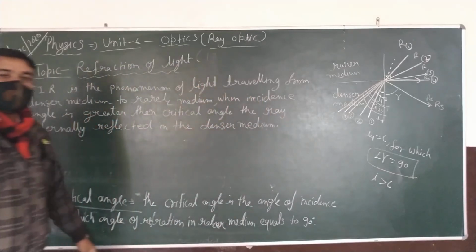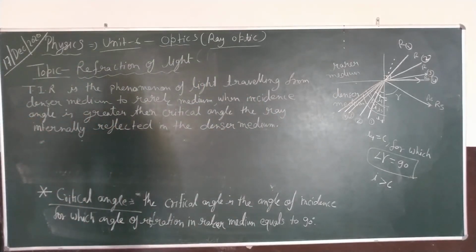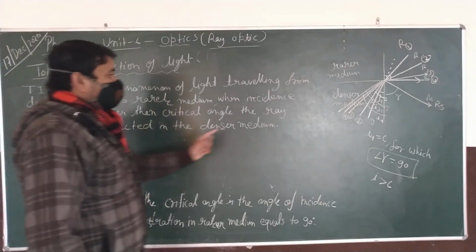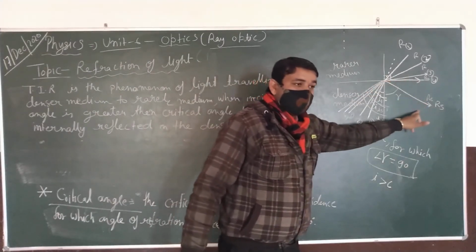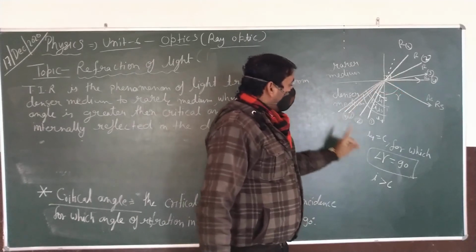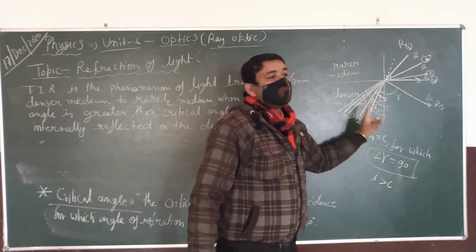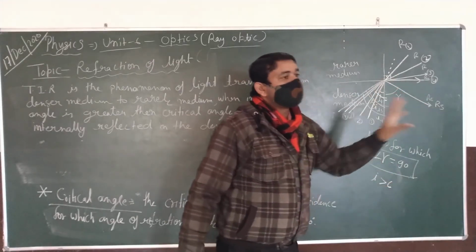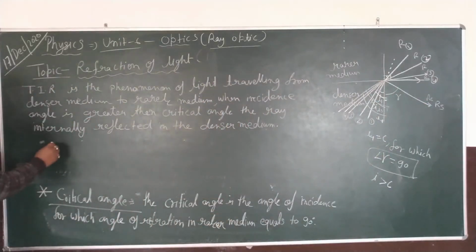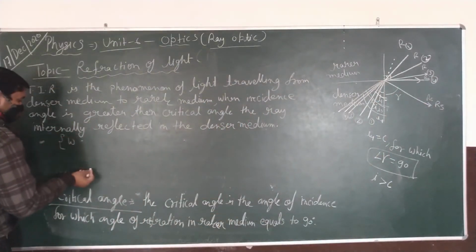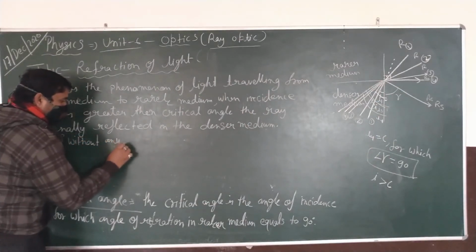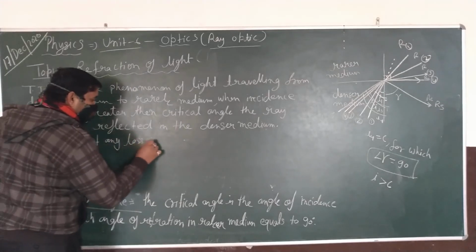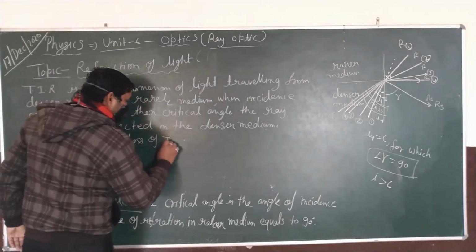This is total internal reflection, in which the incidence ray is internally reflected for an incidence angle greater than its critical angle without any loss of energy. Write it in the bracket, without any loss of intensity of light.